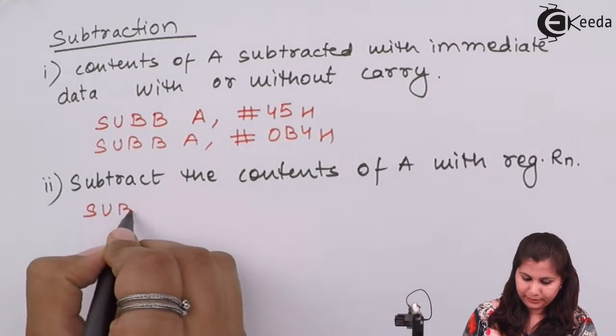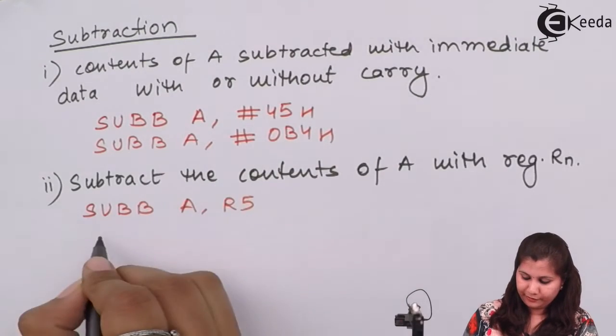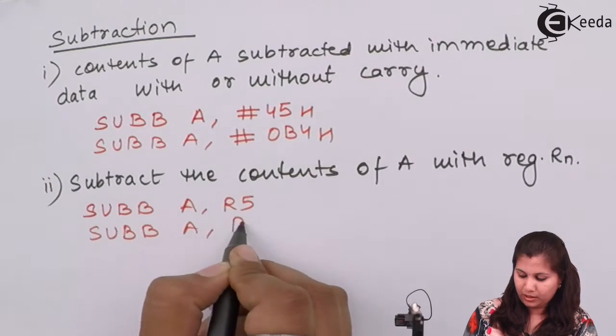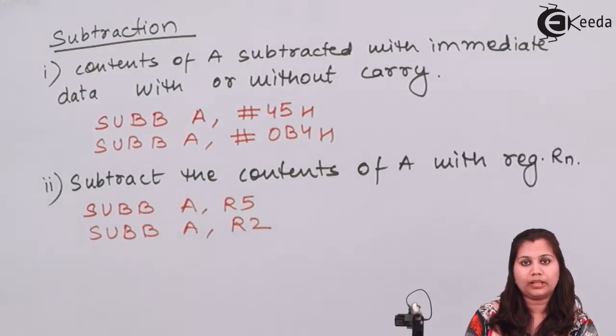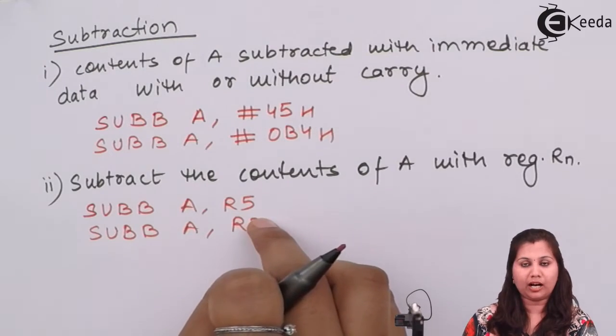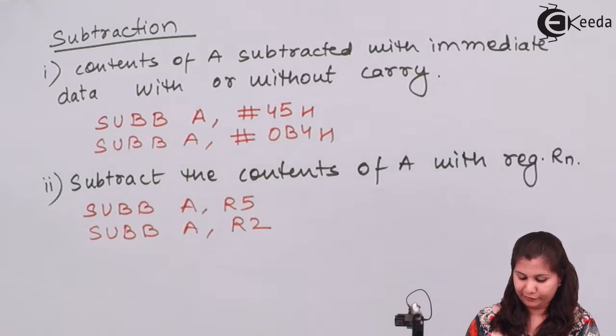So SUB A, comma R5, SUBB A, comma R2. So with or without carry we are subtracting the contents of the register R5 and R2 from accumulator. Result is stored in the accumulator itself.